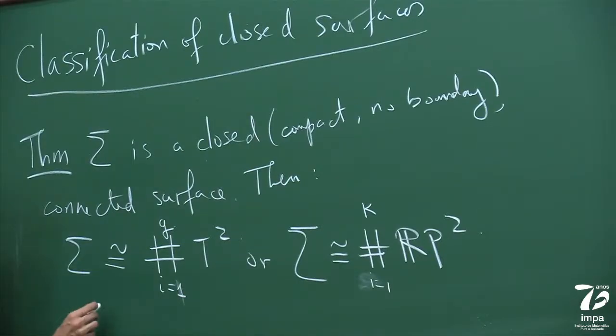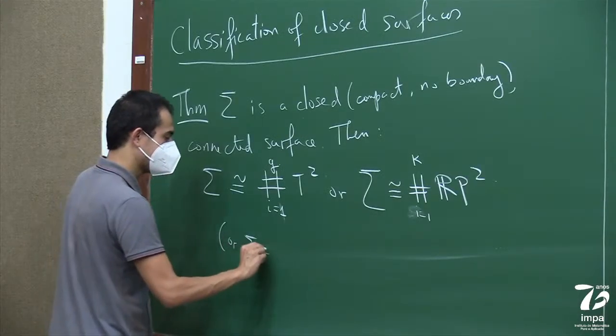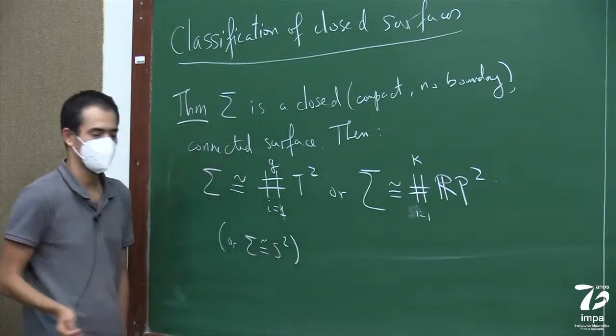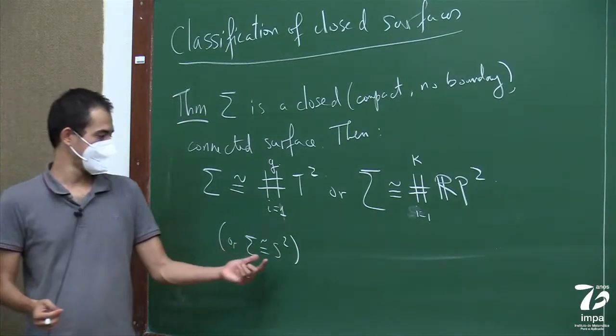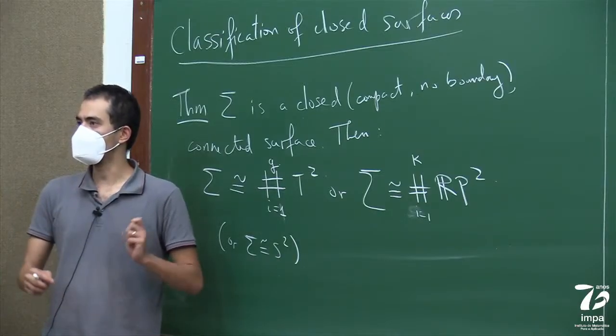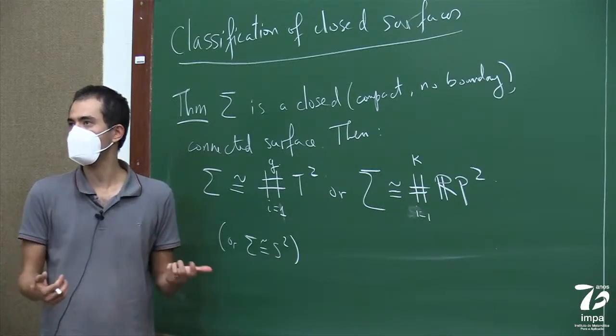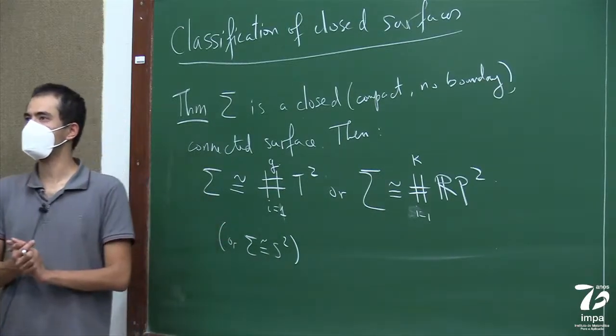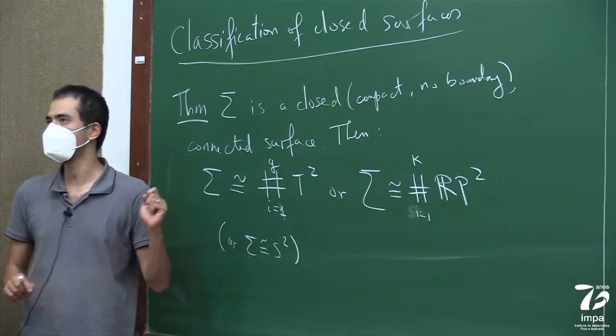So sigma is diffeomorphic to S2. You can think of S2 as being the neutral element, the zero of the connected sum. When you take connected sum with S2, you do nothing.